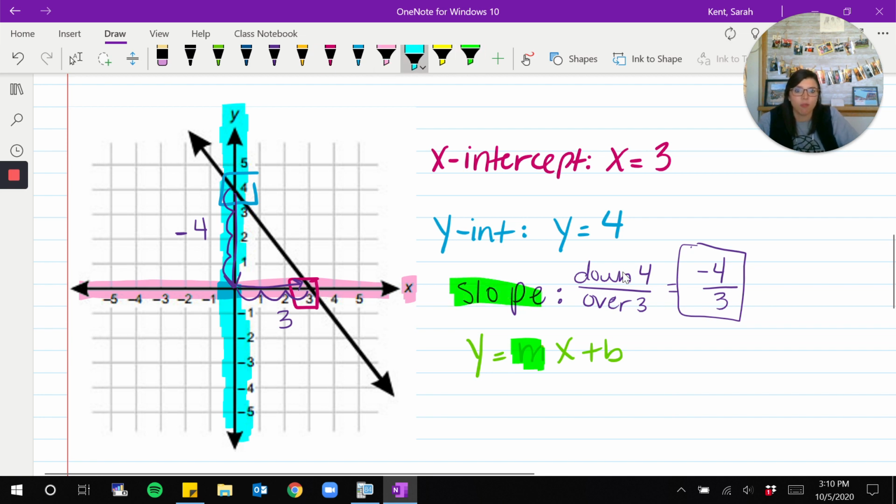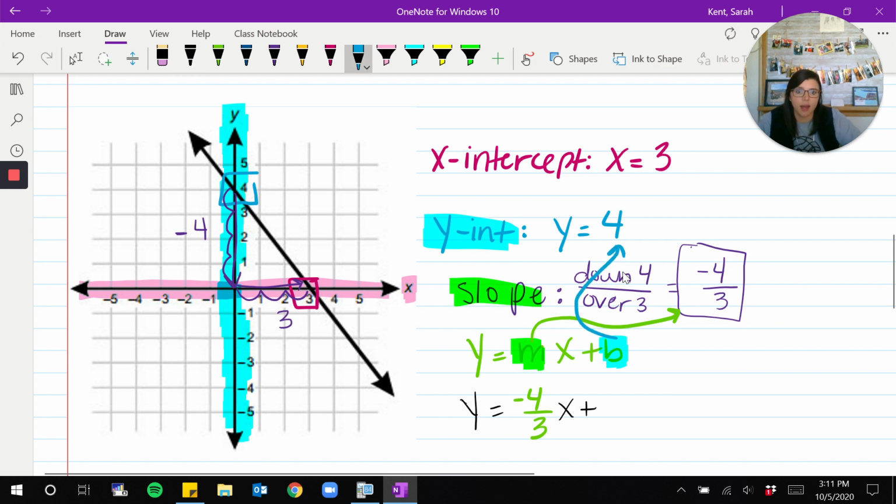And for the b, we're going to plug in the y-intercept. Good. So I'll have y equals, for my slope here, -4 over 3, x plus, for my y-intercept, I've got 4.